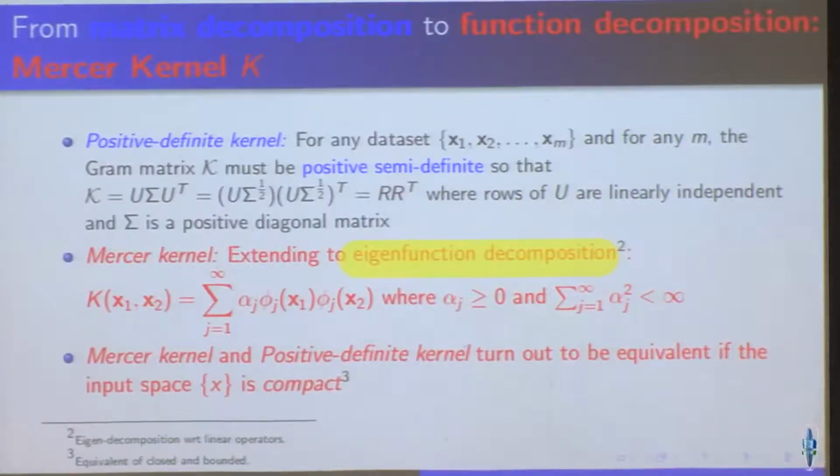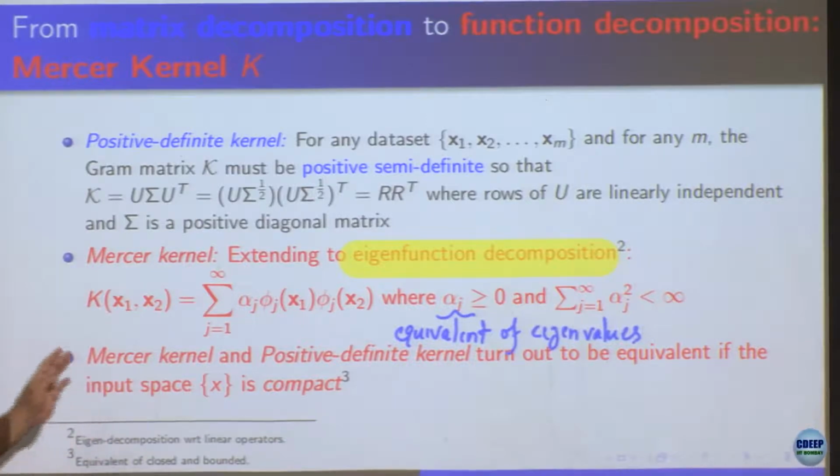So that's the same expectation I have. This is the equivalent of eigenvalues. And such that the summation of all the alpha j's squared is finite. That's also a requirement.